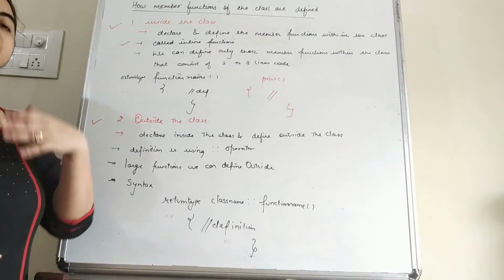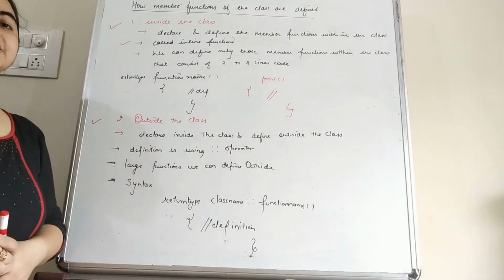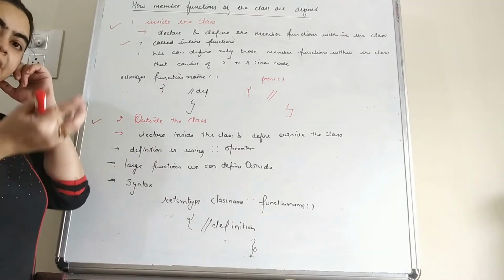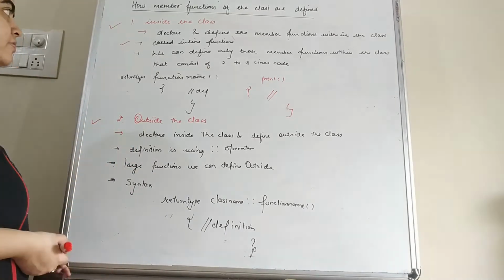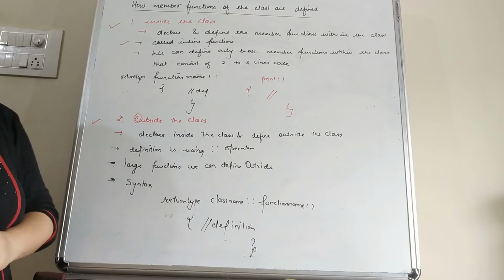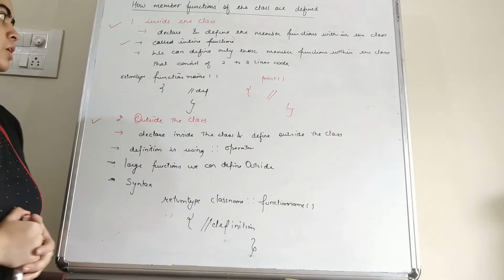Without going to the function call, it can directly bring the definition within the call and directly execute that function. So there is less overhead to execute inline functions as compared to a normal function.